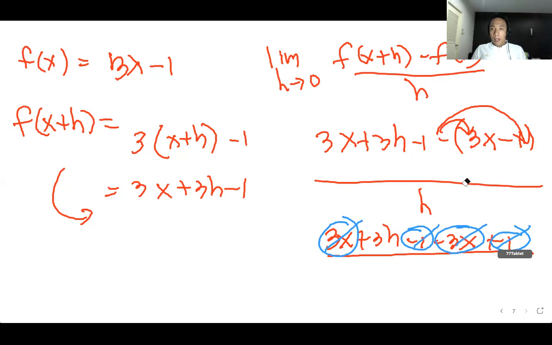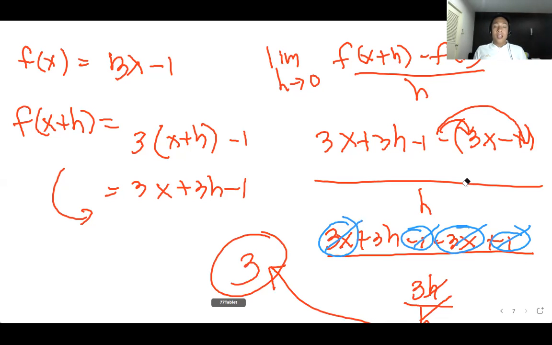So ano na matitira? We have 3h over h. Correct? So, since we have h on both upper part and the lower part, we will just cancel them. Okay? So, yung h na dalawa is magiging cancel, and then ang matitira na lang is 3. So, the derivative of 3x minus 1 is 3.